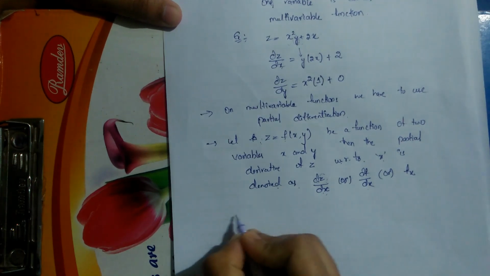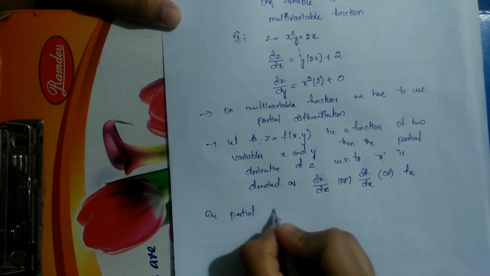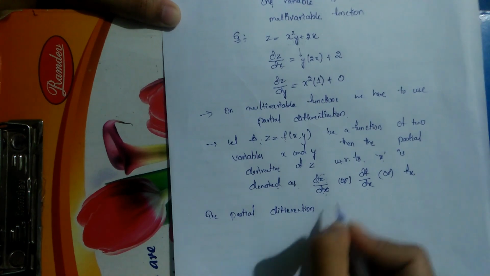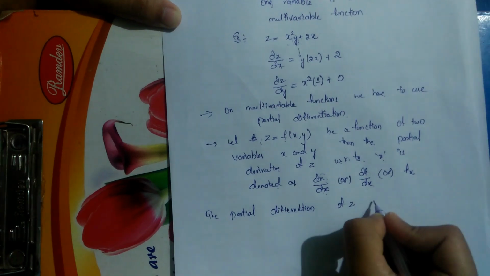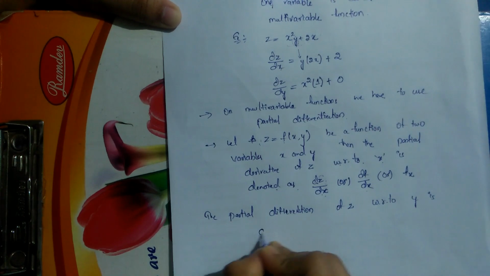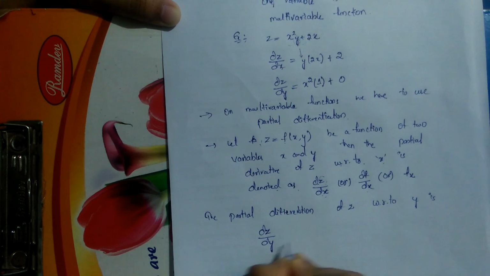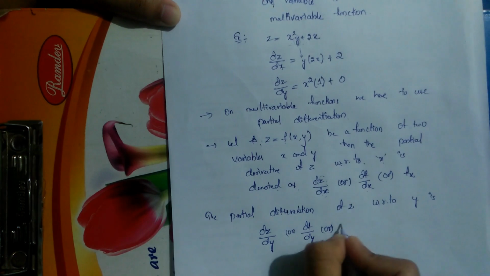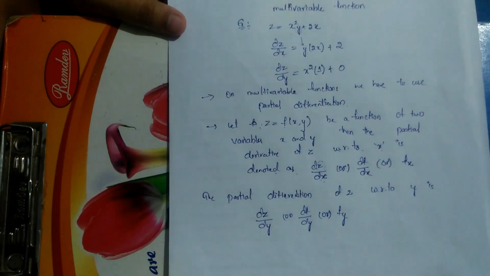Then the partial differentiation of z with respect to y is denoted as dou z by dou y. It means the function z is derivated with respect to y, or you can write it as dou f by dou y or fy. So this is the derivation of z with respect to the y variable.